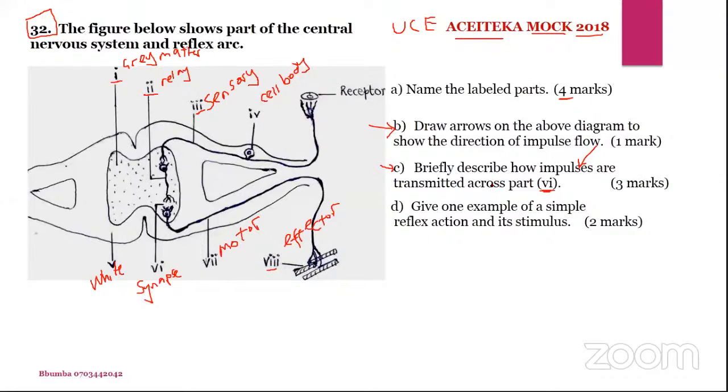Yes, Annette. I think the question is asking for how impulses are transmitted across the synaptic cleft. Thank you very much, Annette. That is the answer you have to put in case that question was to be brought.